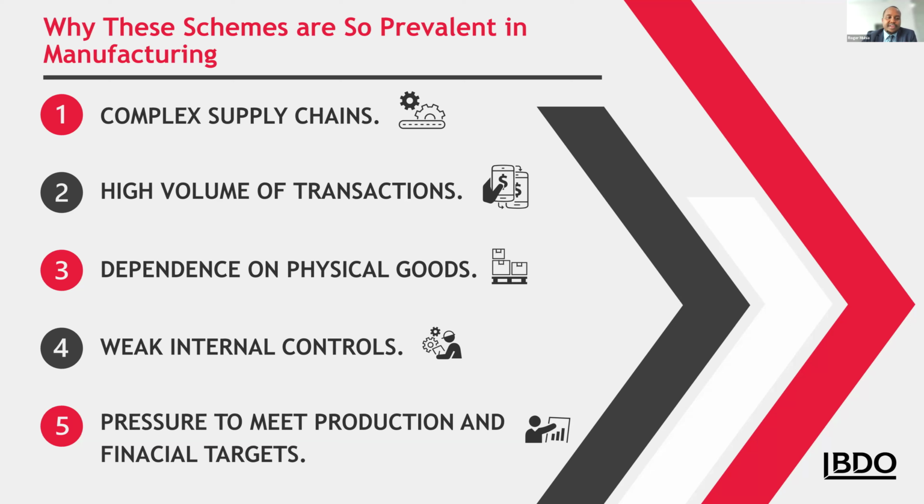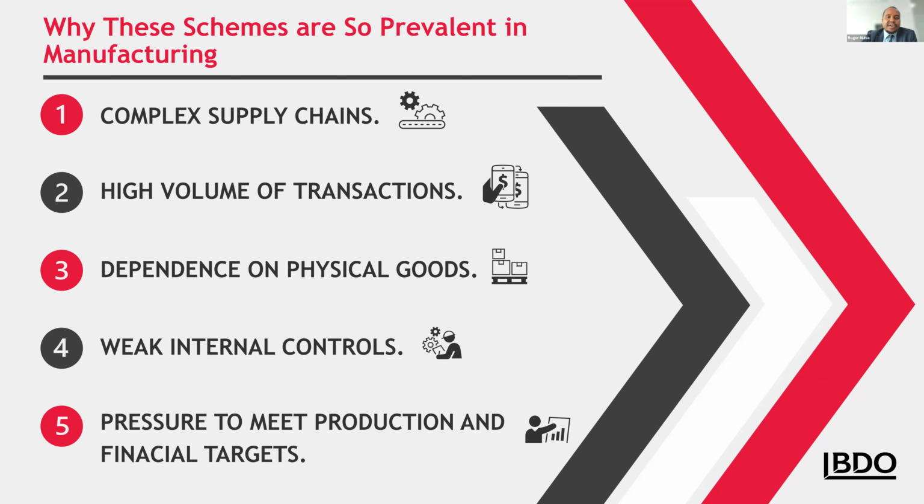The last key reason is the pressure to meet production and financial targets. Manufacturing companies usually operate under intense pressure to meet specific production deadlines and financial goals. This pressure can drive individuals within the organization to commit fraud, usually to meet unrealistic targets or sometimes to cover up operational inefficiencies like stock losses and so on.